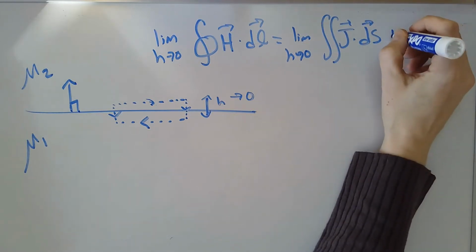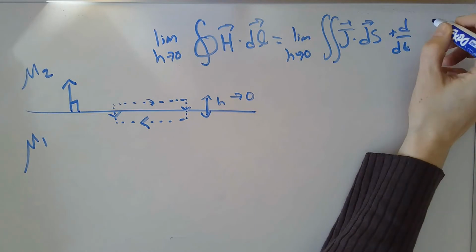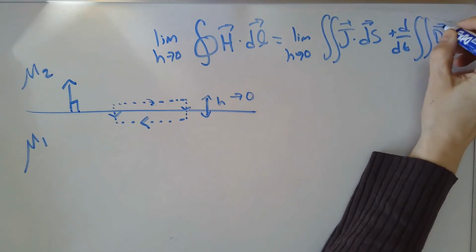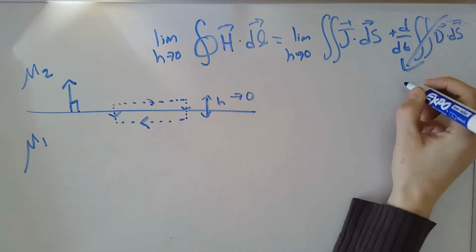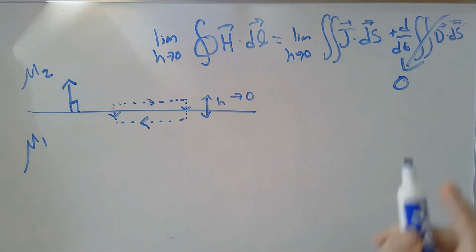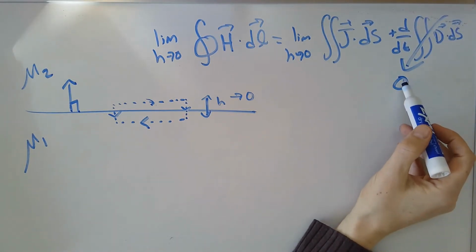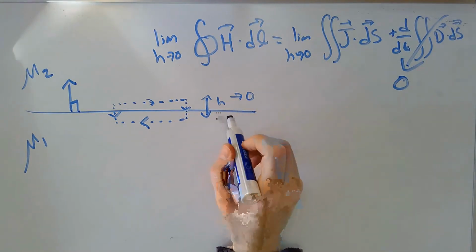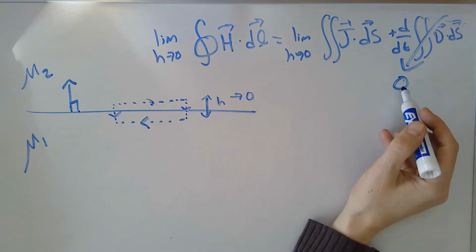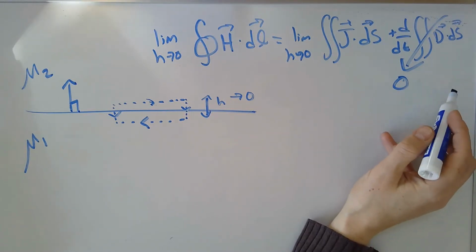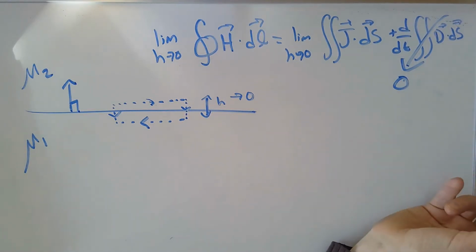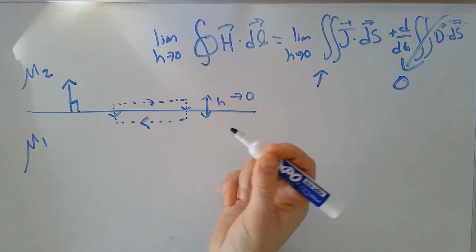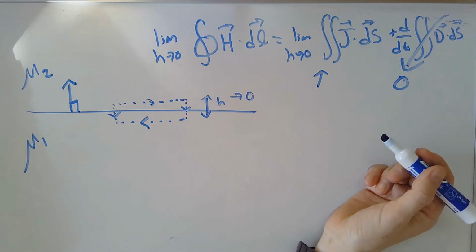And I'm going to include the time derivative of the electric flux, but then I'm going to tell you that it is equal to 0. Here's the reason: if we let the height go to 0, then there won't be any area for the flux to go through. So, nothing there. On the other hand, the current term is not 0 because we can have a surface current.